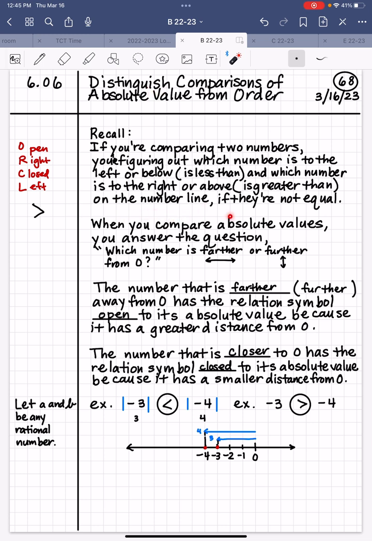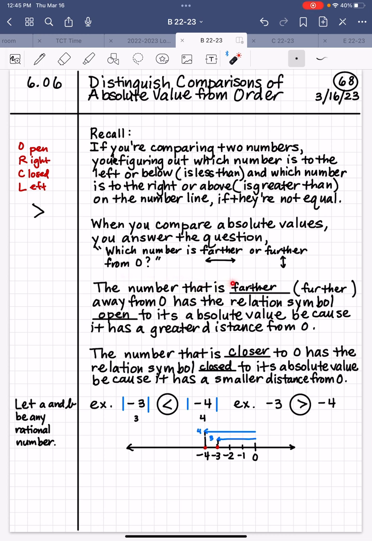When you compare absolute values, and remember absolute value is the distance of a number from zero, you answer the following question. The question is, which number is farther if it's a horizontal number line or further if it's a vertical number line from zero? Okay? Which number is the greatest distance away from zero?